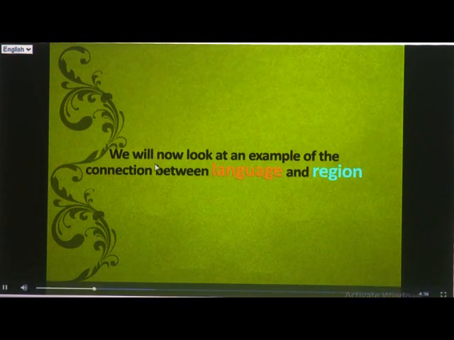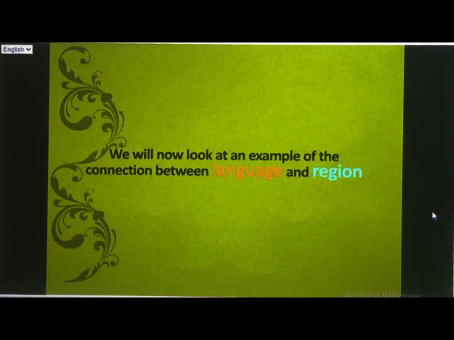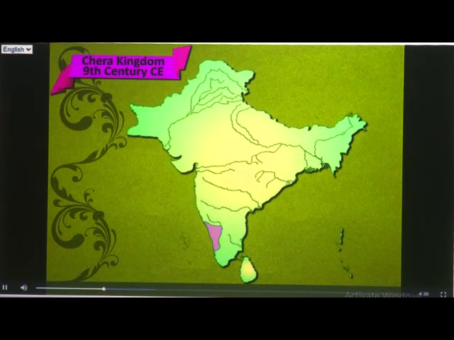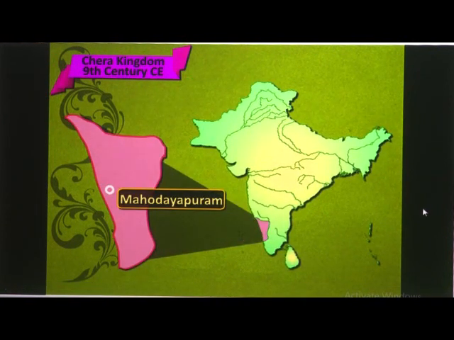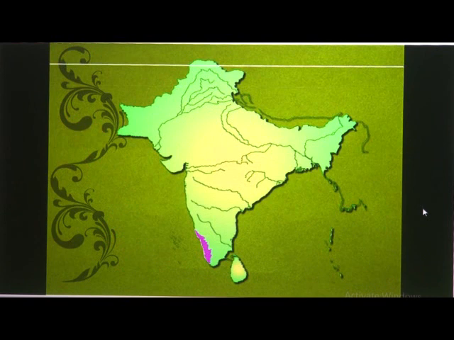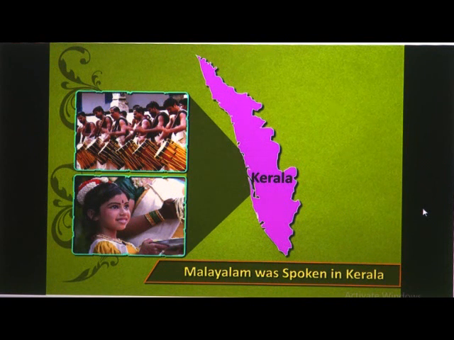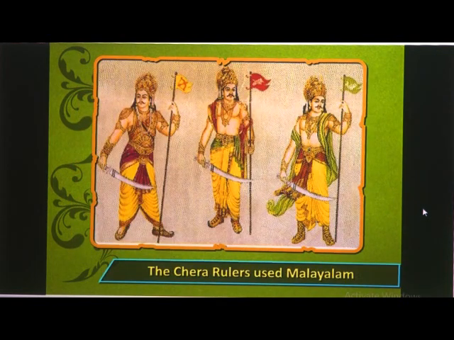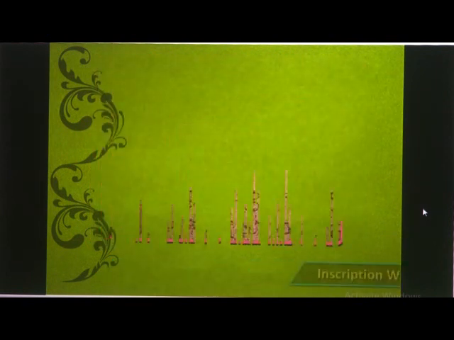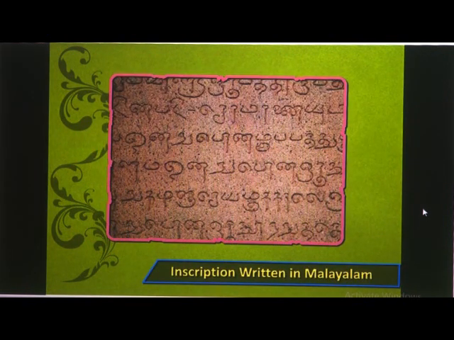We will now look at an example of the connection between language and region. The Cheras ruled Kerala in the 9th century and set up their capital at Mahodayapuram. During this period, it is likely that Malayalam was spoken in the area which forms a part of Kerala today. The Chera rulers used Malayalam language and script in their inscriptions.